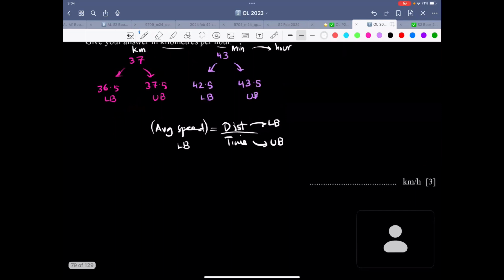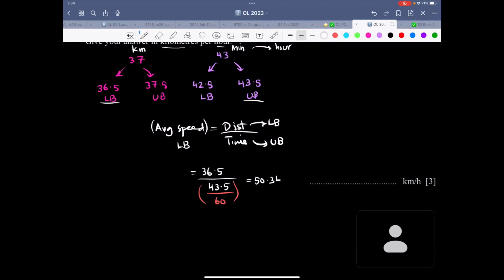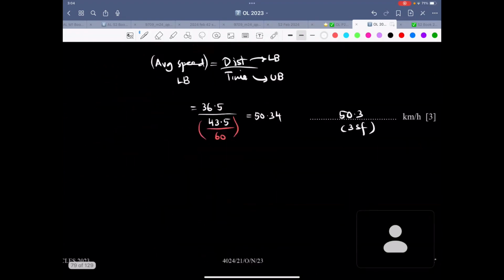So distance lower bound is 36.5 and time upper bound is 43.5. But all you have to do is to divide by 60 to convert it into hours. That's the only thing that needs to be done. So when we do the division, this answer comes out to be 50.34 rounded off. That is 50.3, correct to 3 significant figures. So that is the working for this particular part.